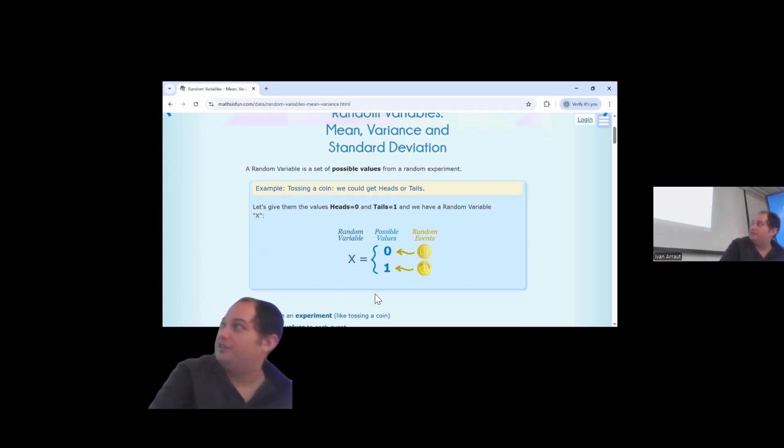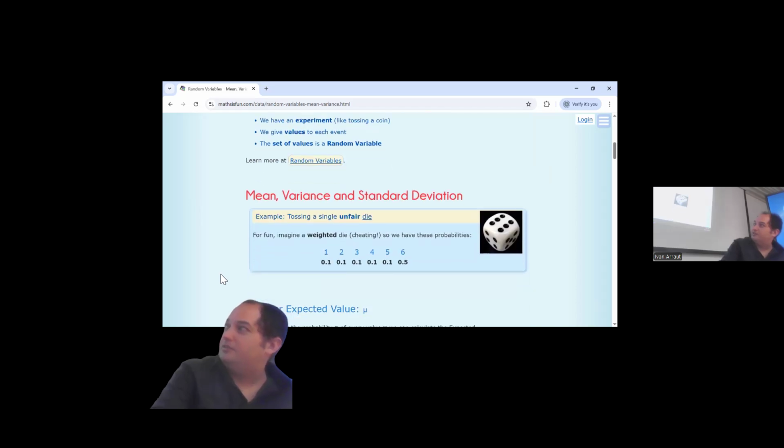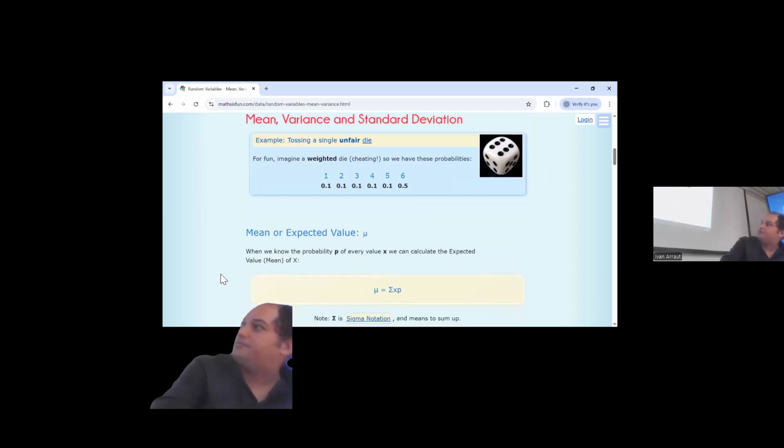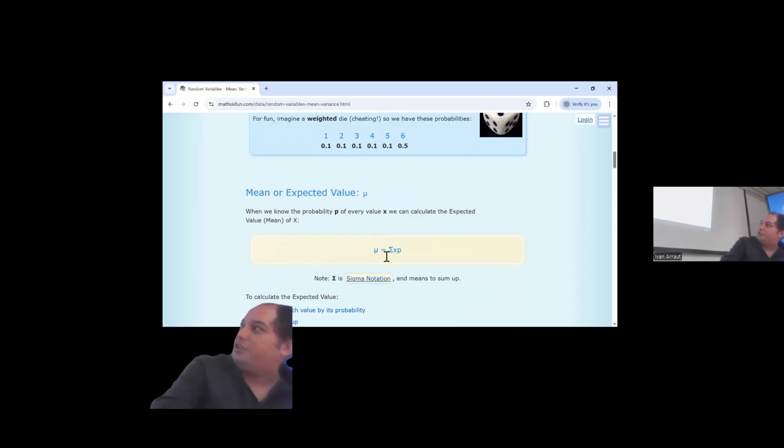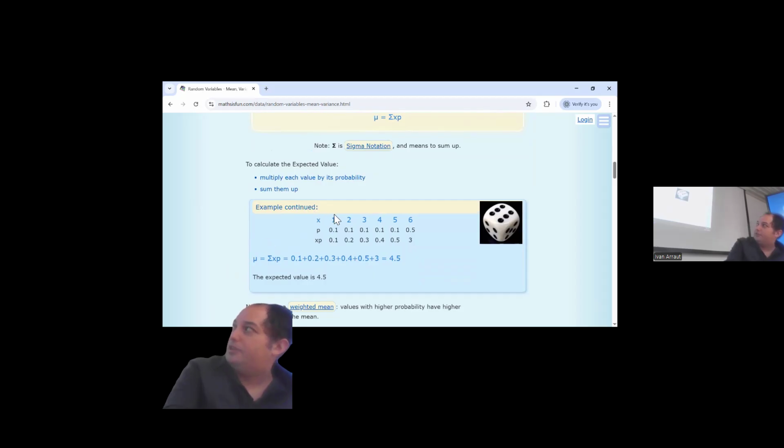Then let's go here. This is the same example as before. This is the definition of mean value, what I wrote on the board. You sum all the possible x and multiply by the probability. For example, here, for the dice, 1, 2, 3, 4, 5, 6, each one with some probability.